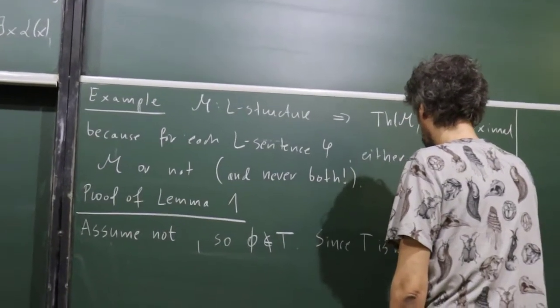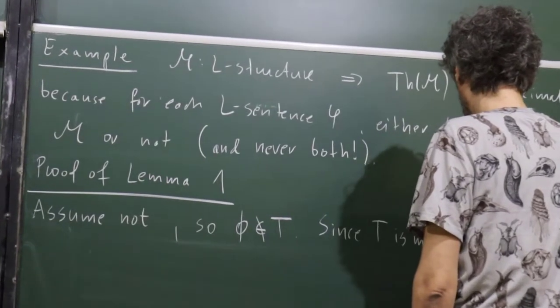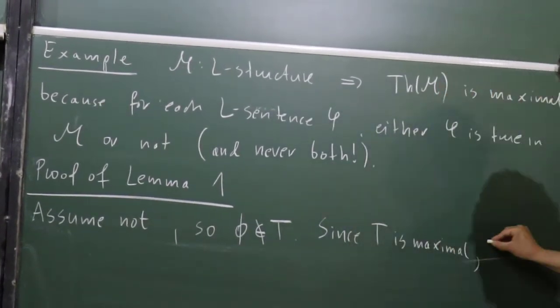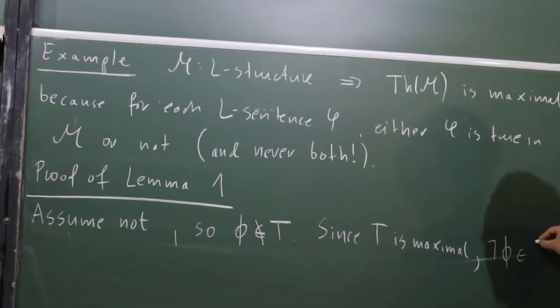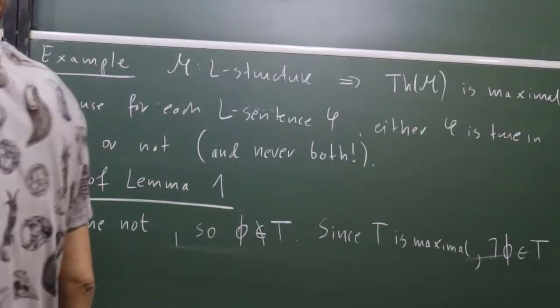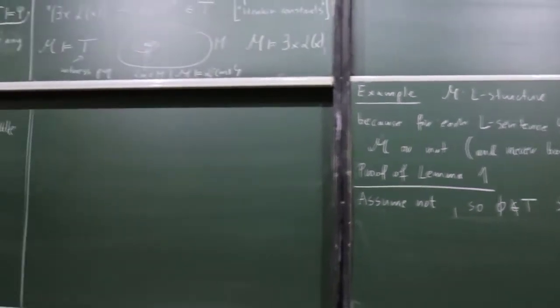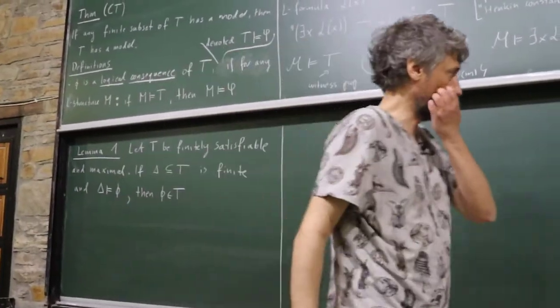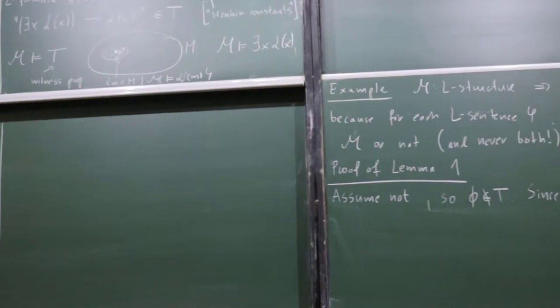Since T is maximal, the negation of phi is in T, and now we will show that the finite set, which is this delta and the negation of phi, has no model.